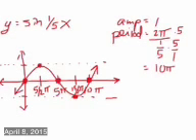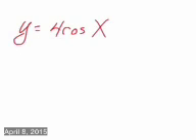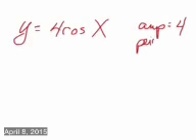Number 7 has y equals 4 cosine of x. Tasha, what's the amp? 4. Very good. Abby, do you know what the period is?